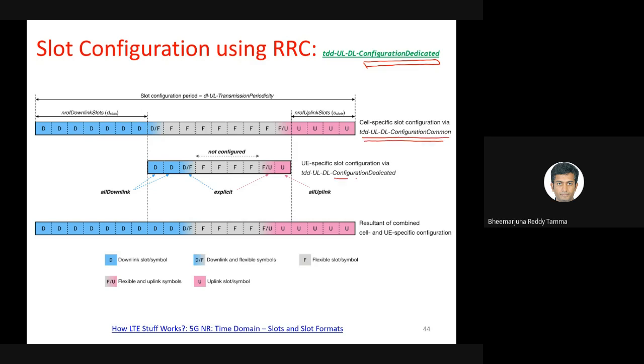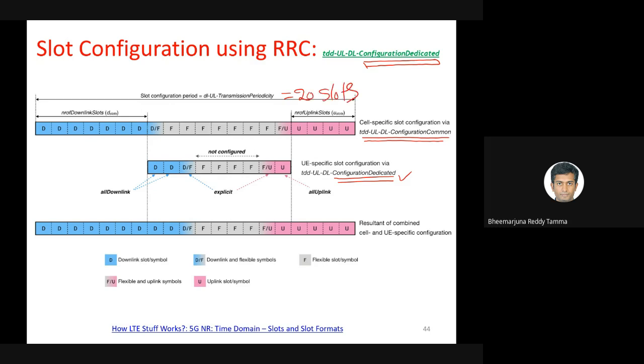Then see what is done with configuration dedicated. Before talking about configuration dedicated, let's relook at what is done in the case of configuration common. What I am showing you here is, again, I have 4, 5, 6, 7, 8, 9, 10, 11, 12, 13, 14. Yeah, so again, these are the 20 slots, same example.